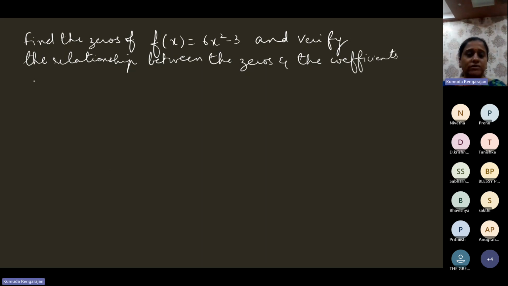So how do we find the zeros? Tell me. How do we find the zeros of 6x squared minus 3?